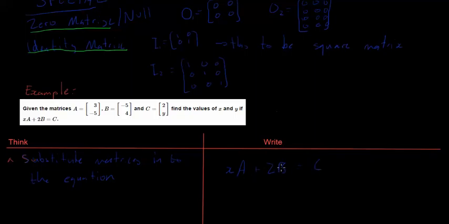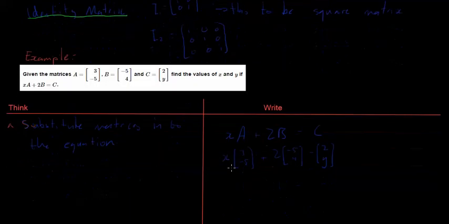What I'm looking at here is that b is multiplied by a scalar 2 and a is multiplied by x. So what we then write is x times 3, negative 5, plus 2 times b, which is negative 5, 4, and that is equal to c, which is 2, y.